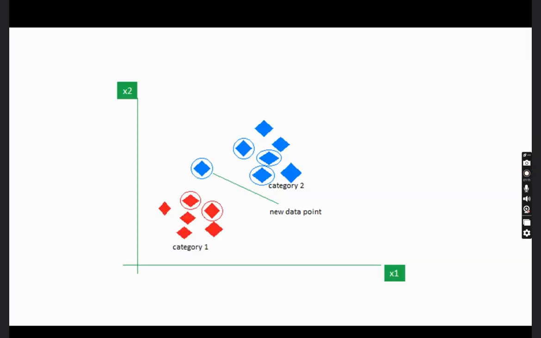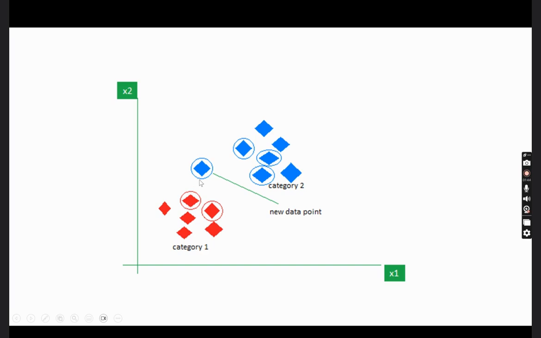And this is a graph we are having for KNN. In this graph, these data points belong to one category and these data points belong to another category. If we introduce a new data point, we have to find whether this data point belongs to category 1 or category 2. So by using KNN, we find the distance between the pre-existing data points and the newly introduced data point.